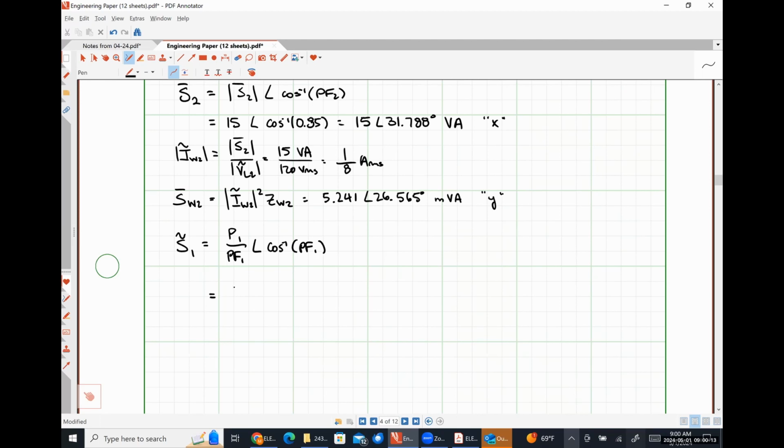Putting numbers in, this is going to look like 10 over 0.9 with an angle of inverse cosine of 0.9.